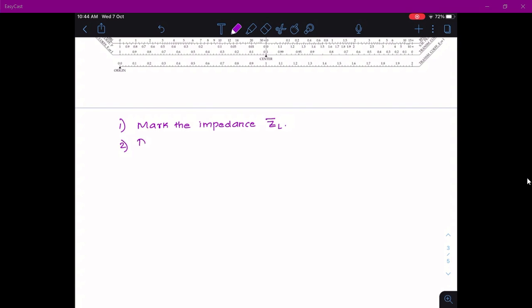Second, draw a constant VSWR circle with O as center and ZL bar as radius. Okay.